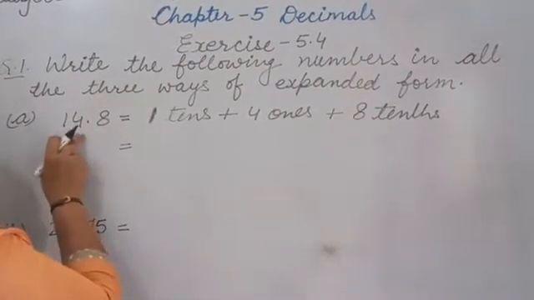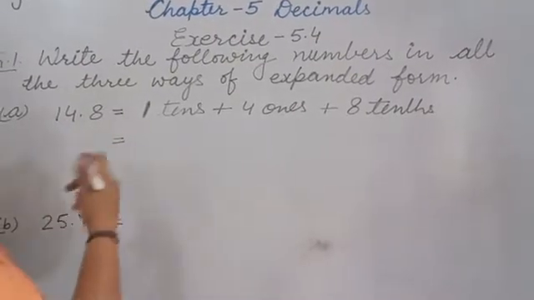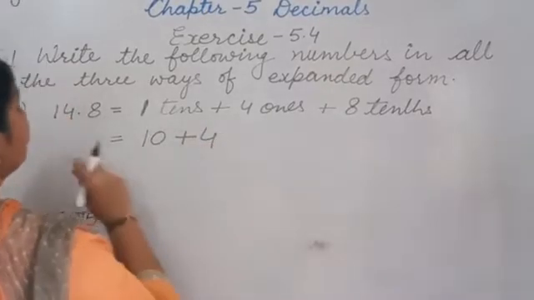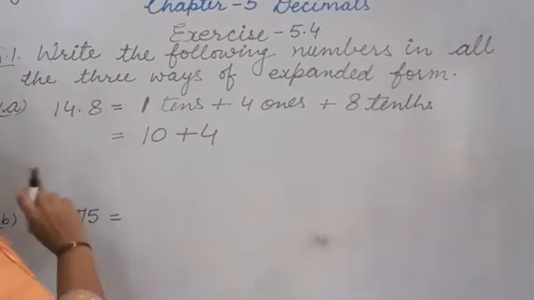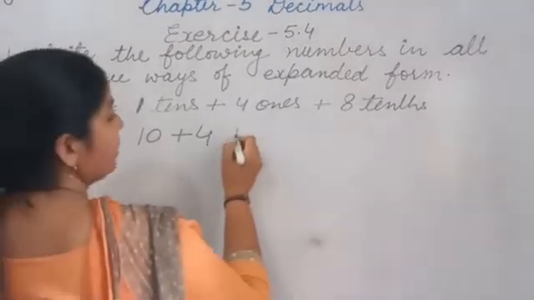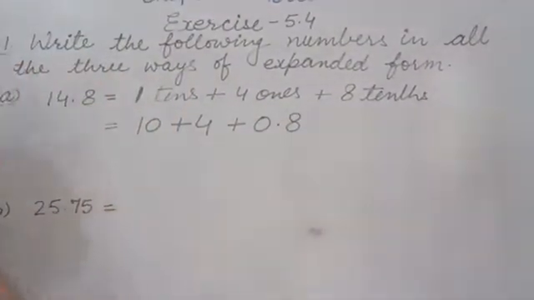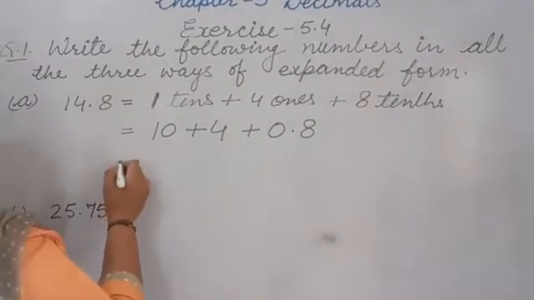So whole is 14. What is the expanded form of 14? 10 plus 4. So we write here 10 plus 4. Now 0.8. Only one place is there. So we will write here plus 0.8 because we are writing decimal form. Now third is fractional form.